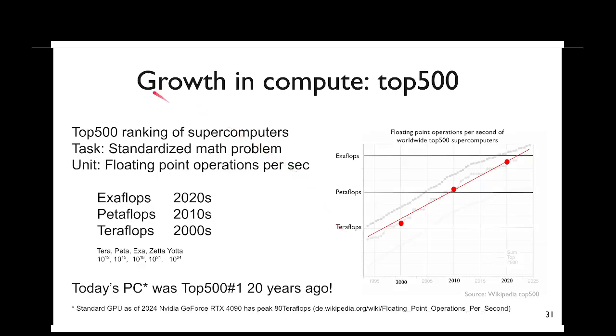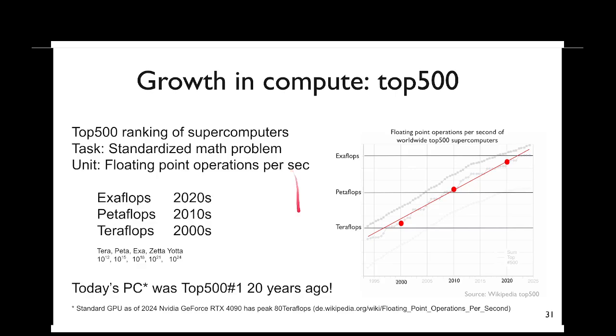Now, compute has grown tremendously over the last 2 decades. And here to the right, you see the growth in compute of the top 500. Every so often, twice per year, the top 500 supercomputers are evaluated, and they work on a standardized math problem, and what is measured is the number of floating point operations per second that they are able to execute.